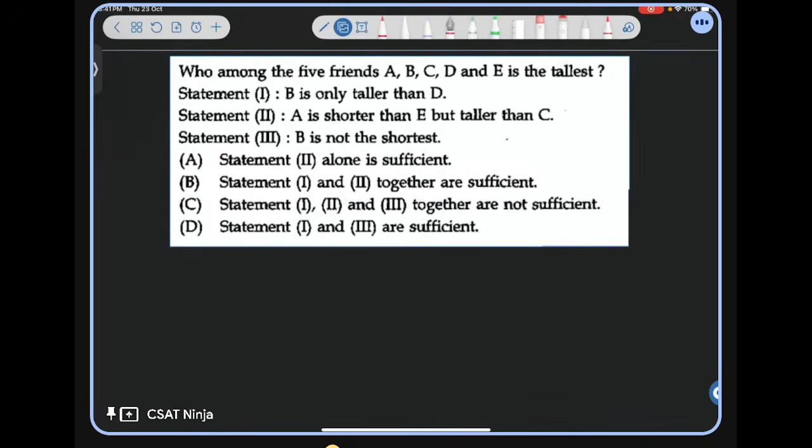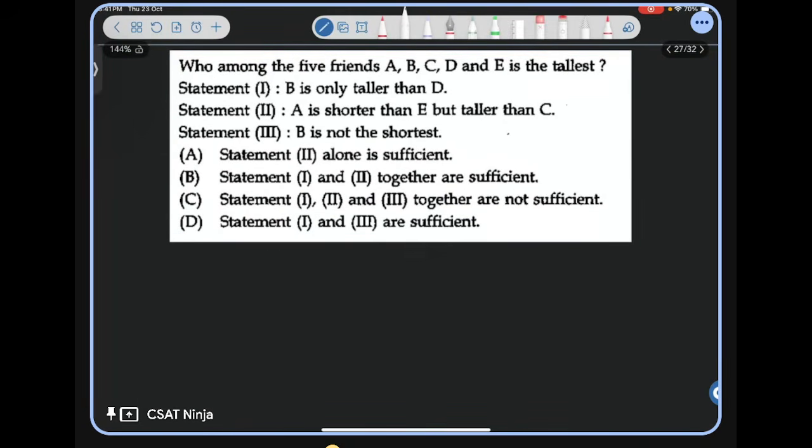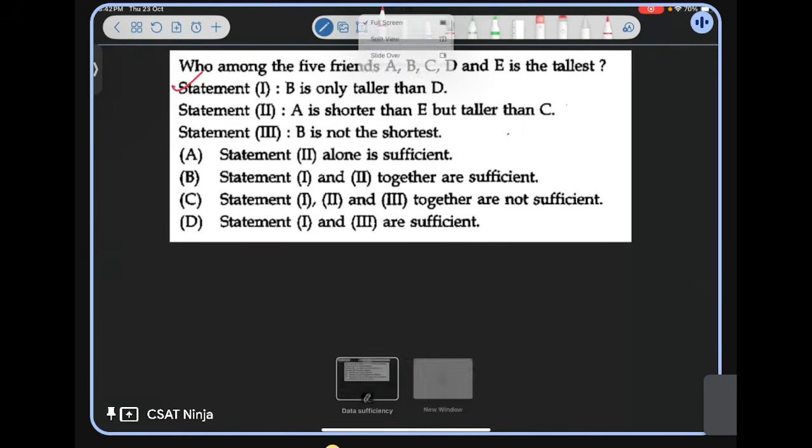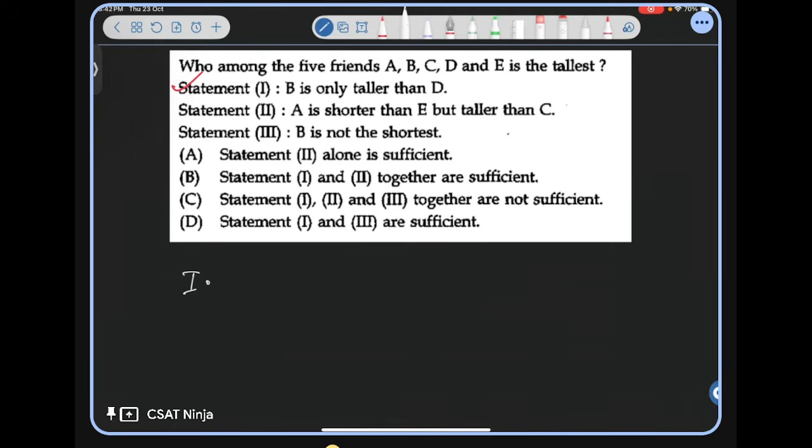The question here is, who among the 5 friends A, B, C, D, E is the tallest? We need to find who is the tallest. Statement number 1 says B is only taller than D. So shall I write like this: 1, 2, 3, 4, and 5.